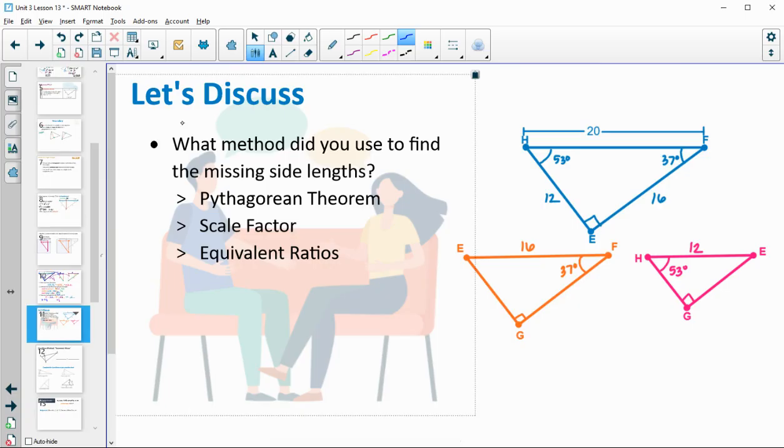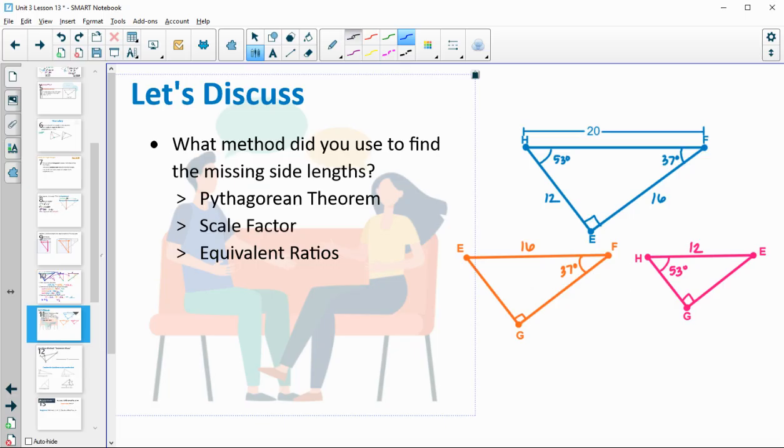All right, so that's not the only method you could have used. You could have done Pythagorean Theorem once you found another one, so we did do Pythagorean Theorem here. You can use scale factor like we did. You could also use equivalent ratios. If the scale factor way that I was doing it was a little bit difficult, you certainly could use equivalent ratios.